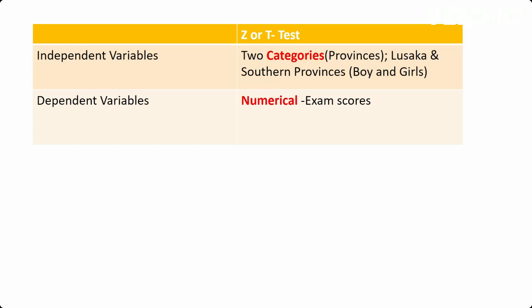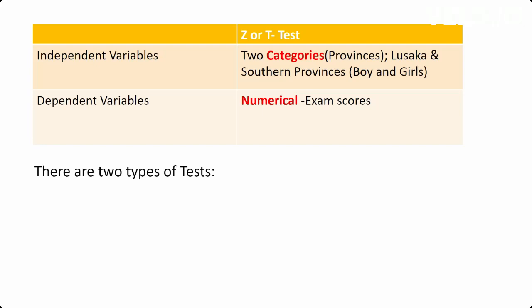And then the dependent variable is usually a numerical variable, which is most likely maybe the exam score between the boys and the girls, or the salary scales between the females and males in an organization. You're trying to compare if there is any significant difference or they are almost the same statistically.